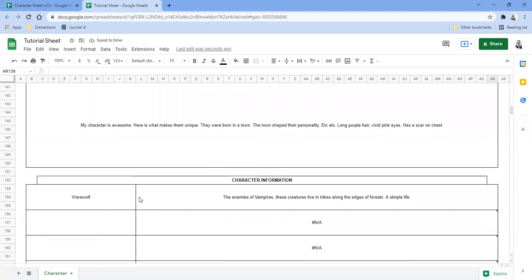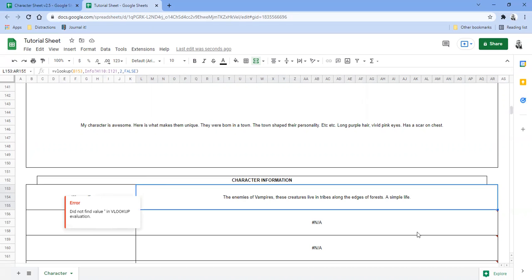And so down here is character information, which I hope is pretty self-explanatory. You're a werewolf. This is a brief description of exactly what this creature is. Here's some inspiration for you when you're playing your character.